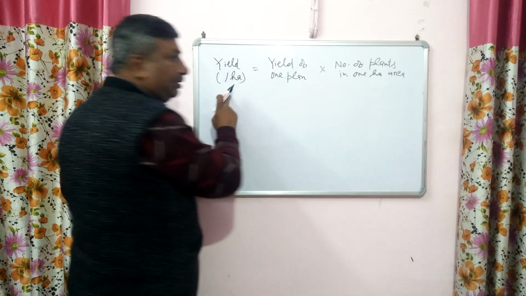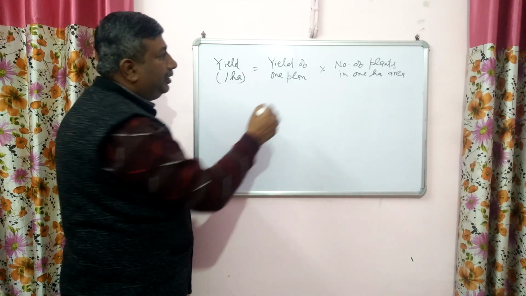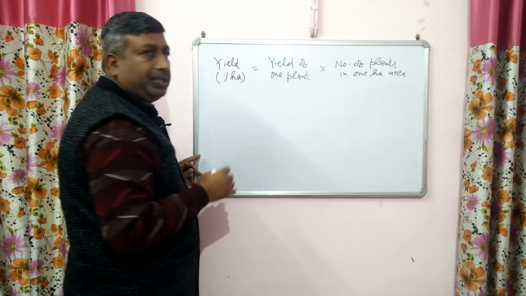Here the yield estimation is for a hectare, that's why we have to multiply the yield of one plant by the number of plants in 1 hectare area.